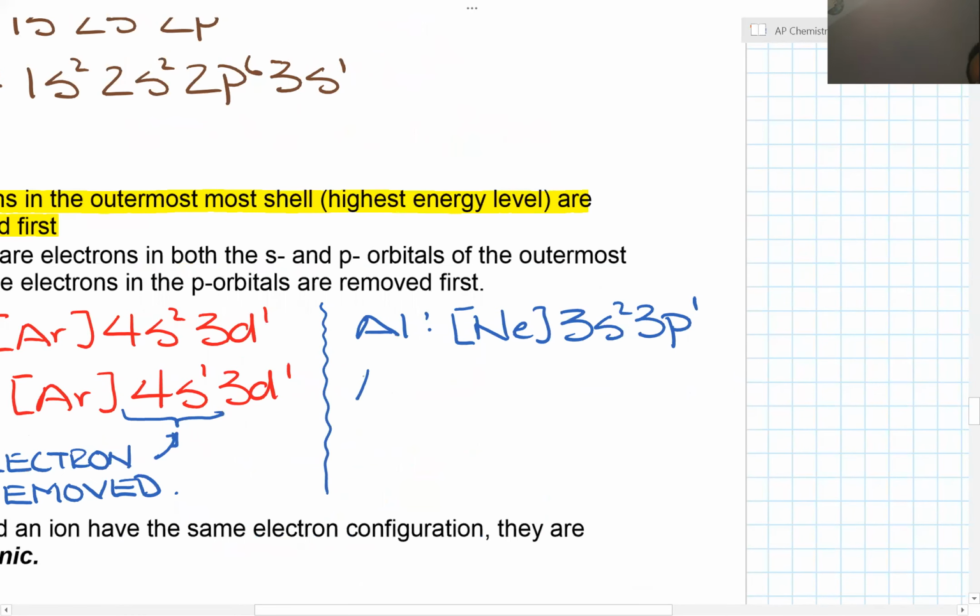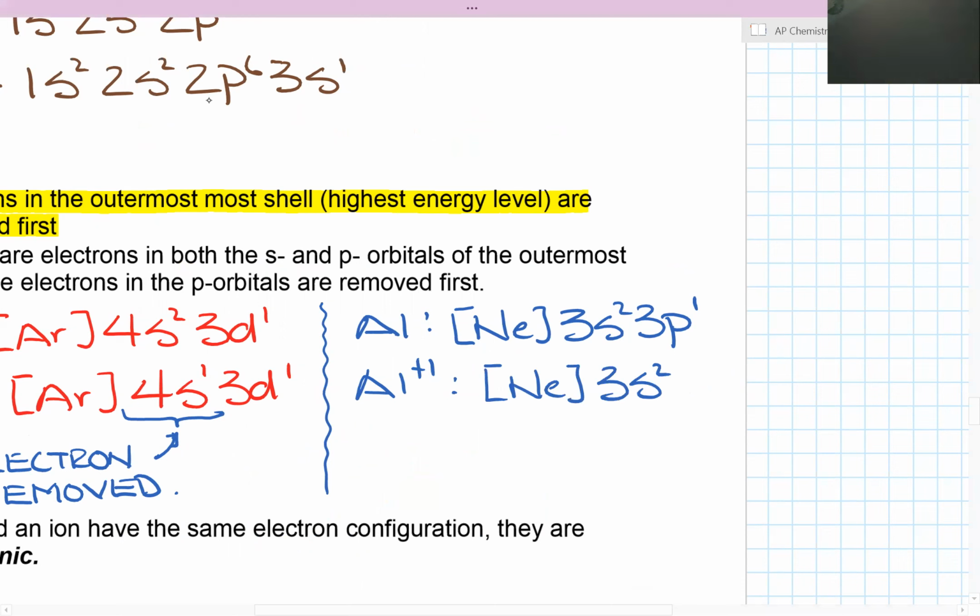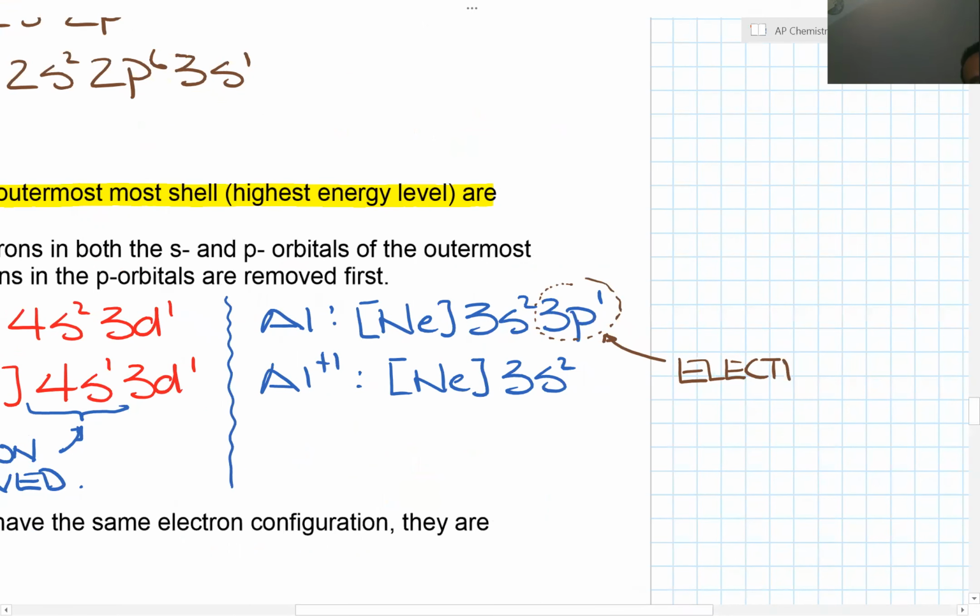If I did aluminum plus 1, it would be 3s2. Here, the electron is removed from the p orbital.